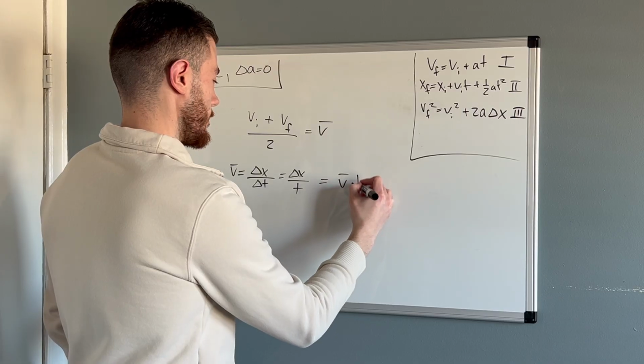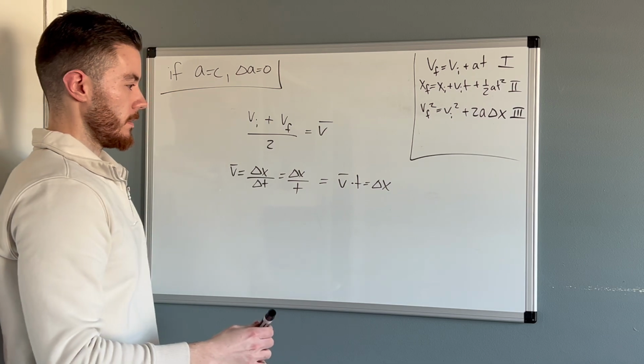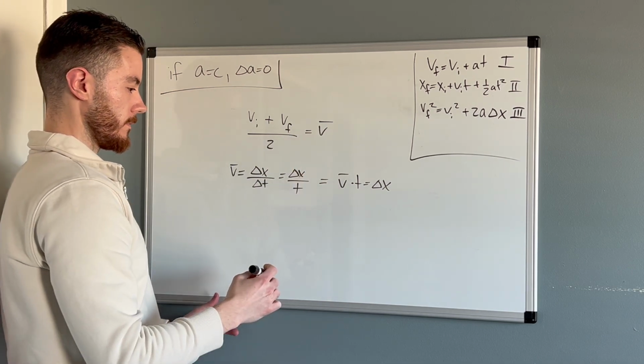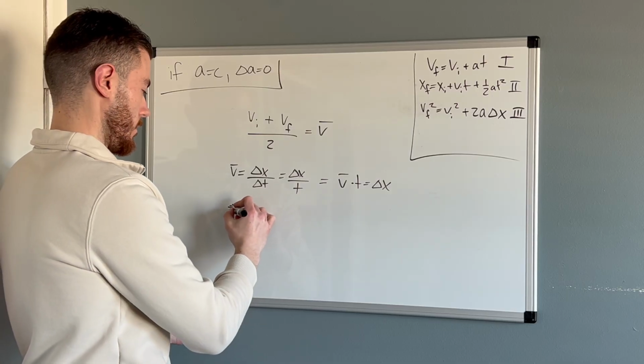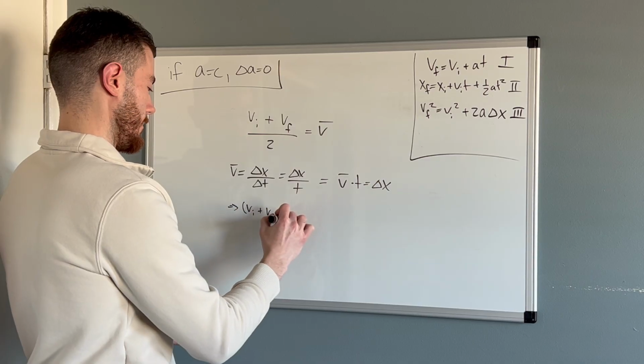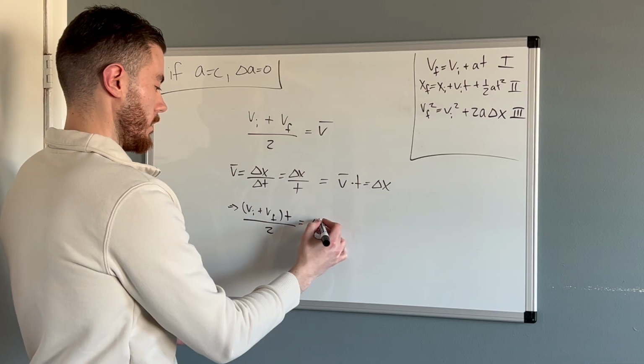The average times time equals delta x, and v average is what we have shown right here. Vi plus vf times t over 2 is equal to delta x.